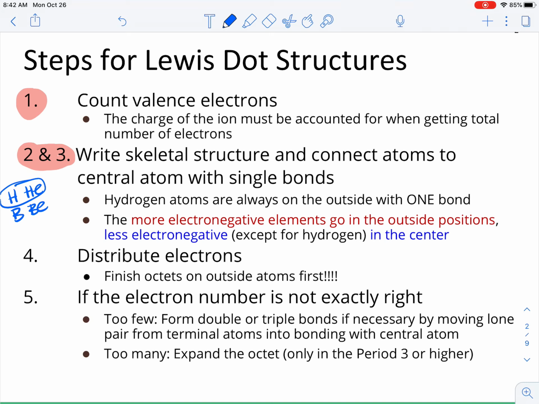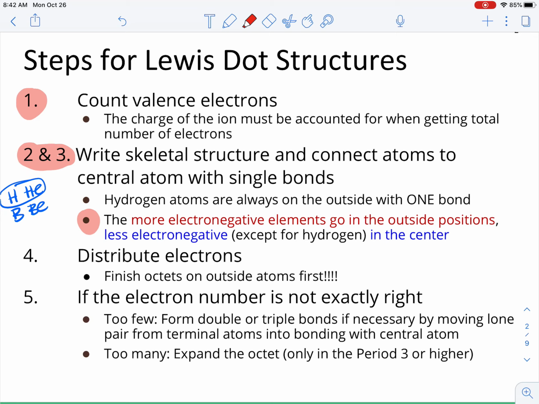So hydrogen and helium are happy with a duet, and boron and beryllium do not need an octet. As a reminder, the more electronegative elements go in the outside positions, and the less electronegative elements, except for hydrogen, end up in the center.